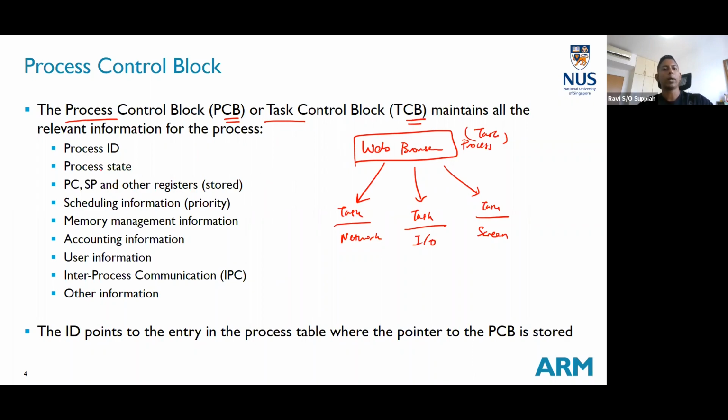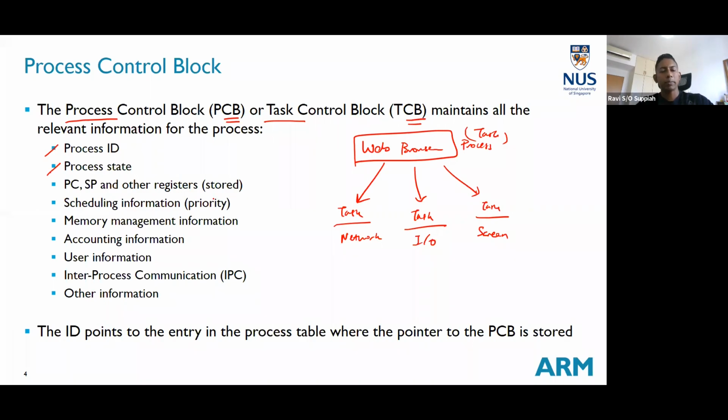That means the ID of the process: when you create a new process, the OS gives it an ID so that the OS can keep track of which task we are referring to. And since the task can be in different states, which we will cover in a while, I also need to keep track of the state of my task.